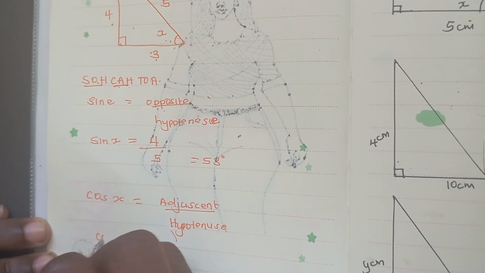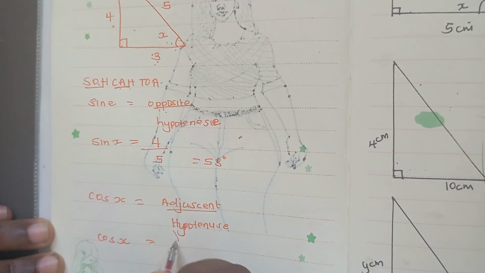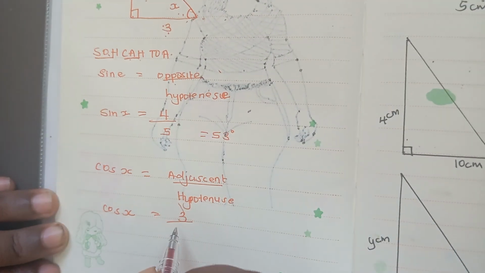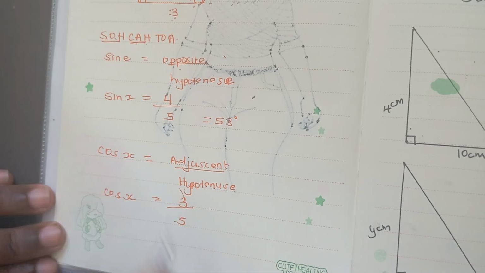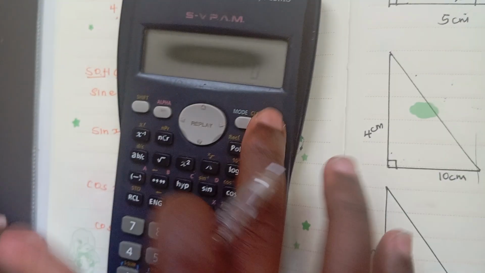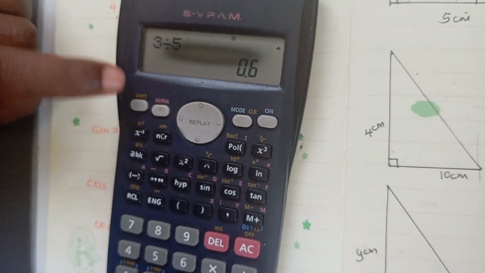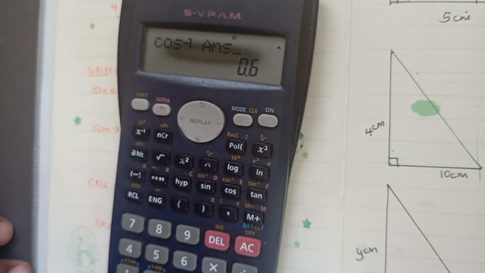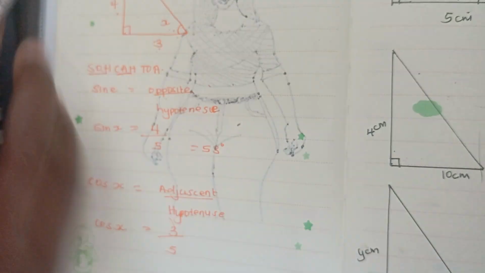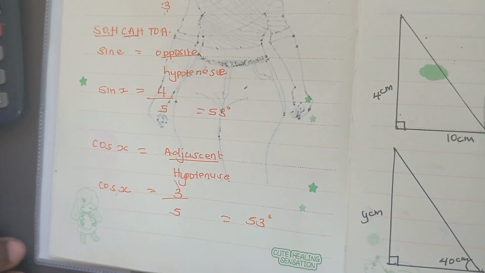Cos x will be equal to the adjacent side, which is 3, divided by our hypotenuse, the longest side of the right angle triangle. We do the same: 3 divided by 5, which is 0.6. Then you do shift cos, your answer, which is 53. So our angle here will be 53 degrees.